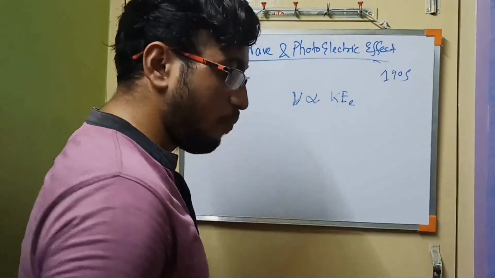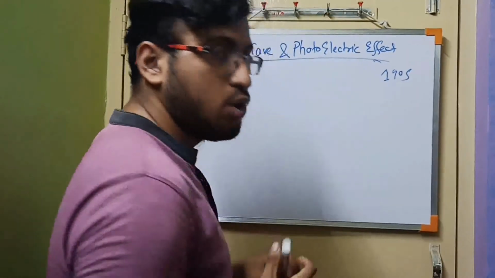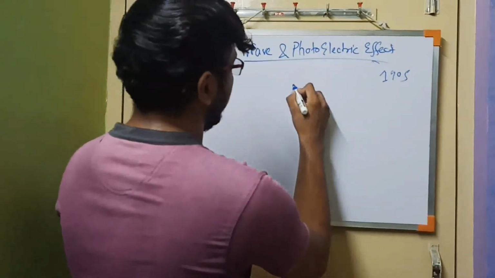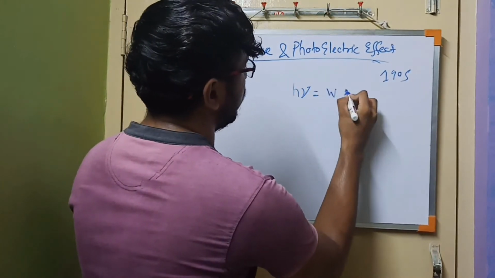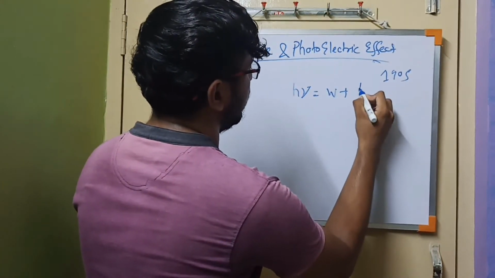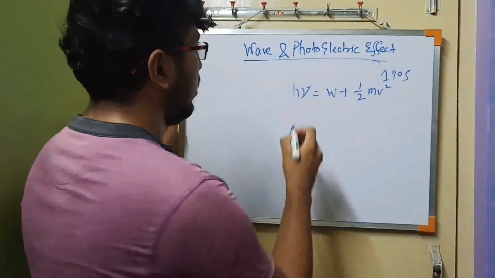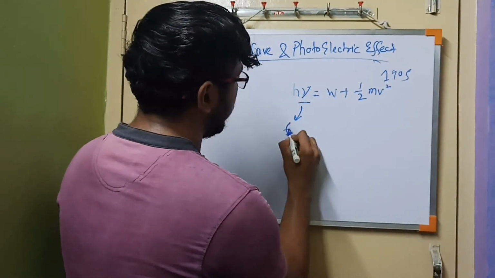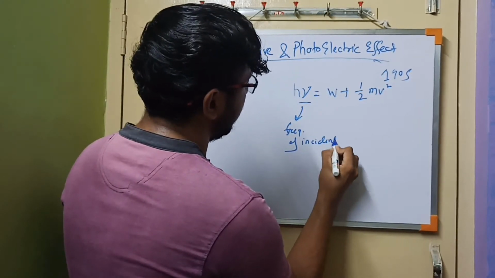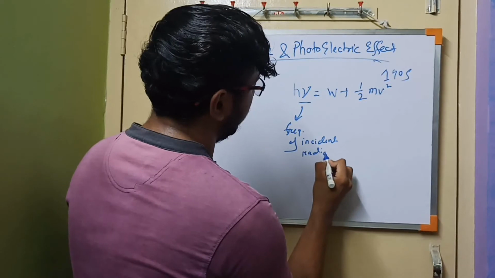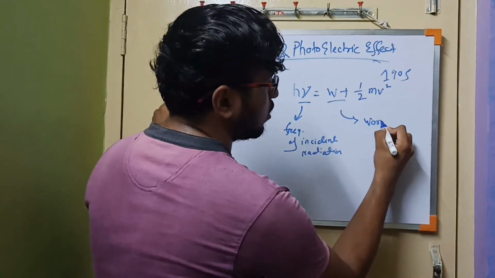Now, Einstein also proposed a basic equation, which was h nu equal to W plus half m v square. Now what is this? Here nu is the frequency of incident radiation. What is W? W is the work function.